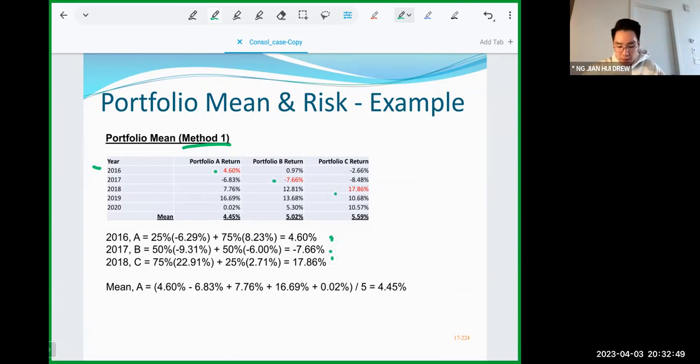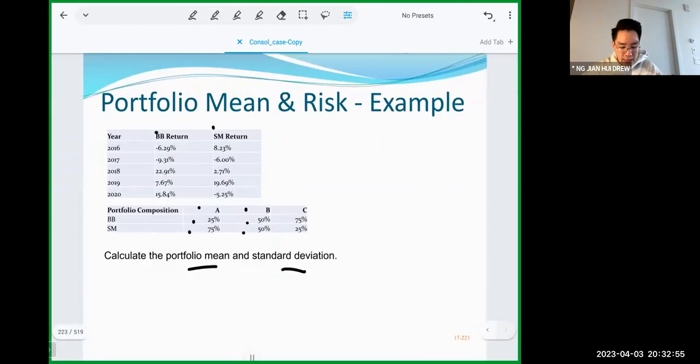For example, for portfolio A in 2016, I'm just going to flip back. We know that in portfolio A, we have 25% of BB and 75% of SM. So what do we do? We're looking at 2016 here.